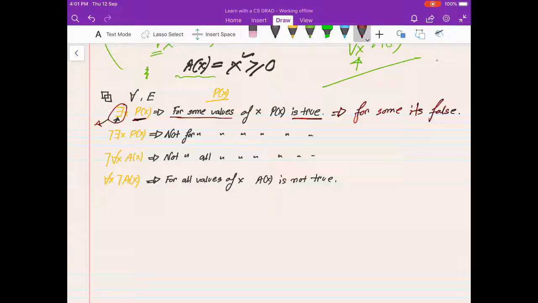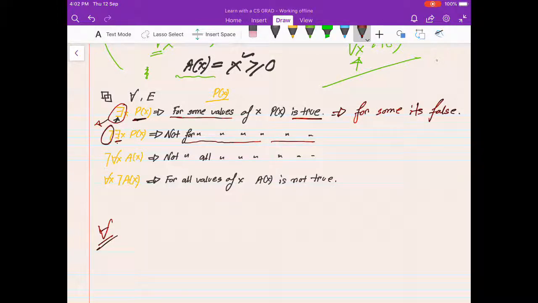Again, so not for some values, this is again E of x. I'm just going to say E, and for this I'm going to say A, so it's easier for you guys to understand. So for some values of x, P of x is true.